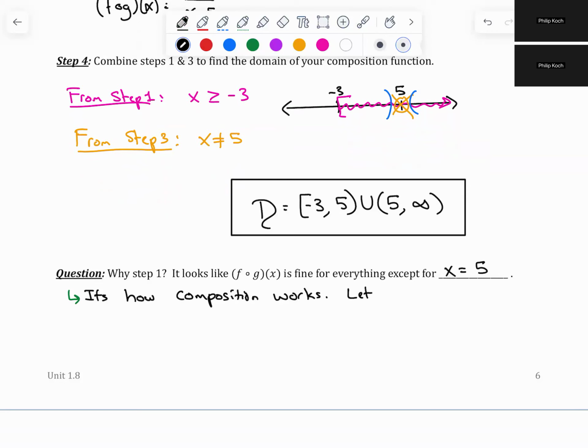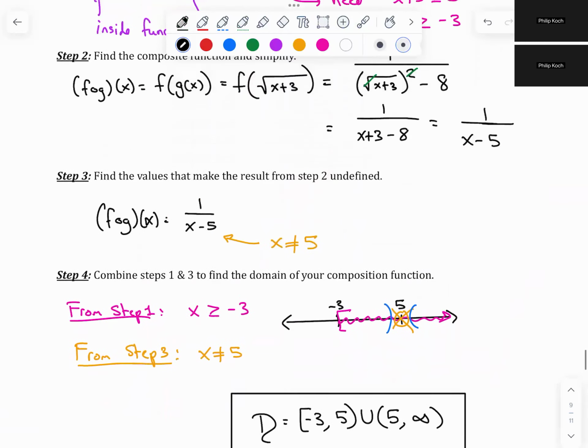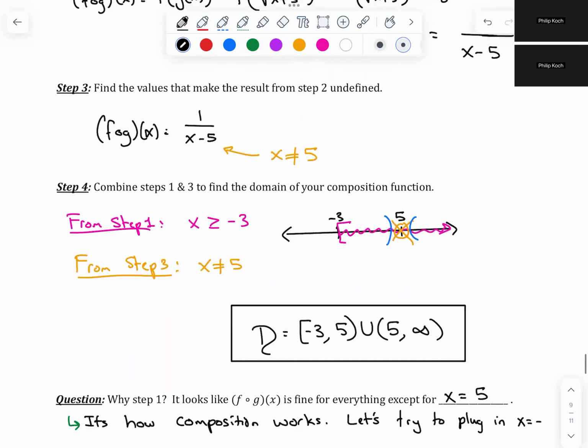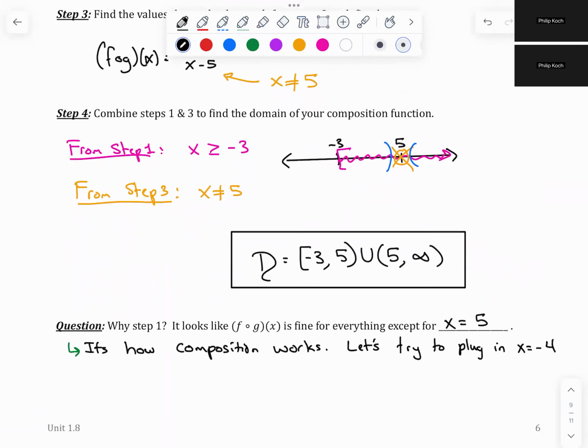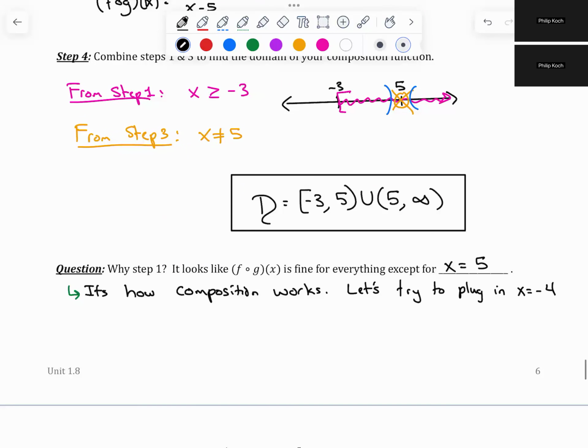Let's try to plug in x equals negative, let's make it a nice number. -4. Yeah, just x equals -4. So f composed of g of -4.